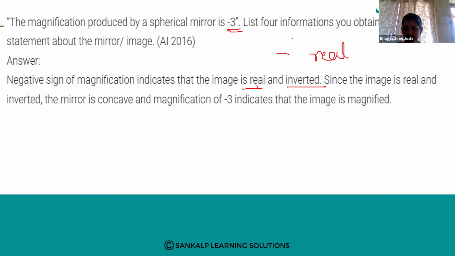Remember, when magnification is negative, then it is real and inverted. This is very, very important. Since the image is real and inverted, mirror is concave mirror. So if you get negative sign, then it is concave mirror. So in concave mirror, real and inverted image you will get. And magnification of -3 indicates that image is magnified, right?